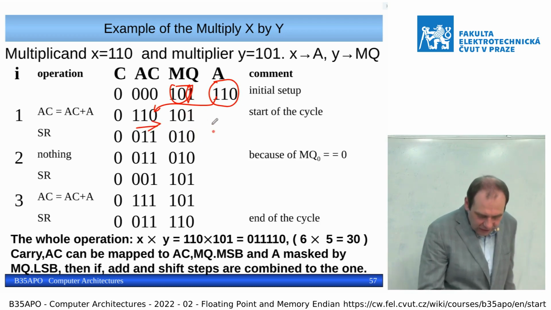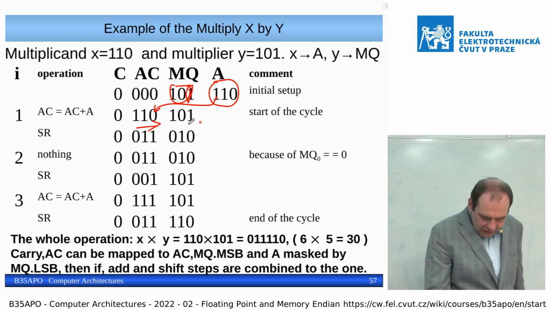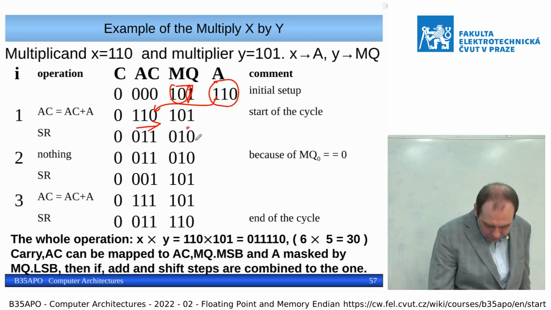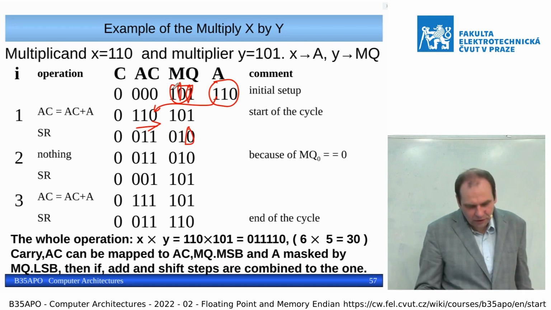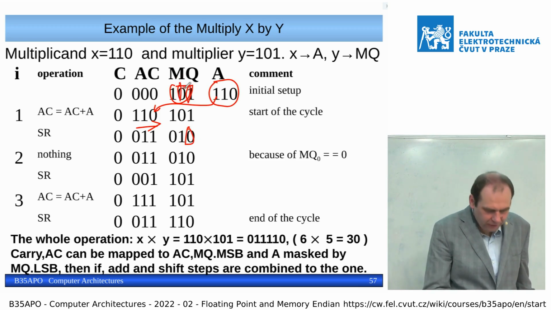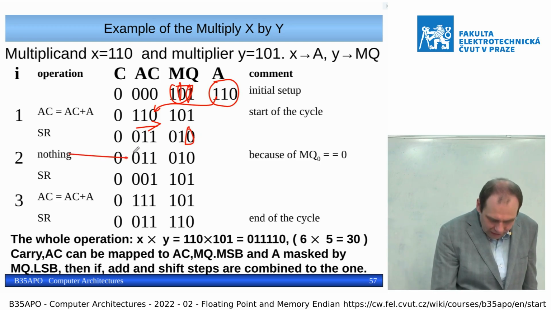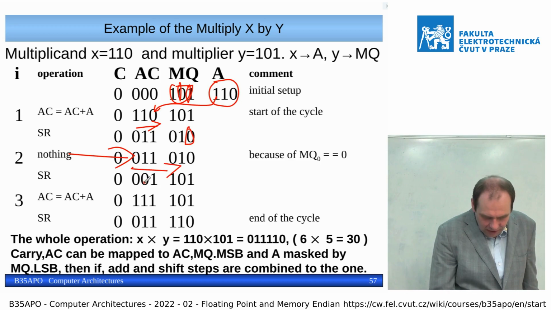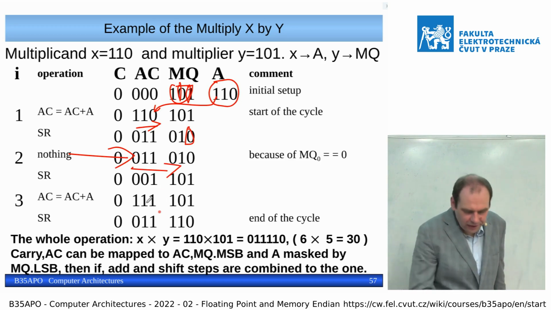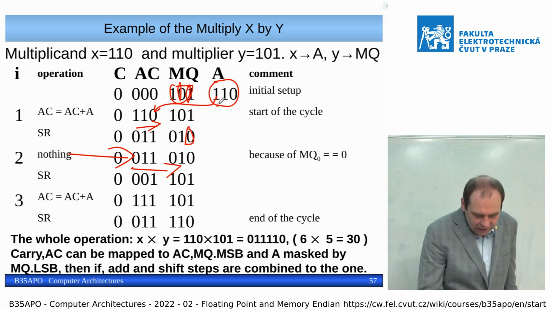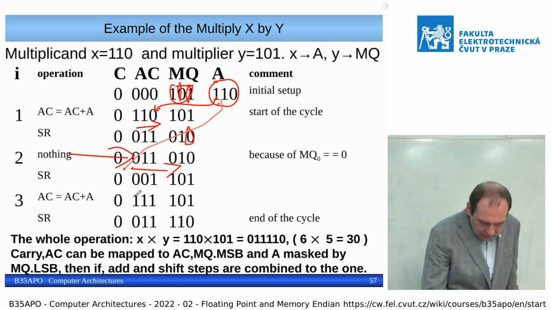Now we see that there is 0 here, the second bit of the value 5. So in this case we do not add anything, we skip the step and only shift to the right. And in this case we again need to add the A to the value. So basically we have this value and we add the A to this.